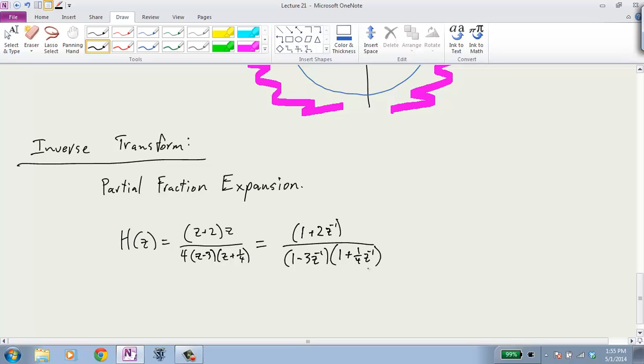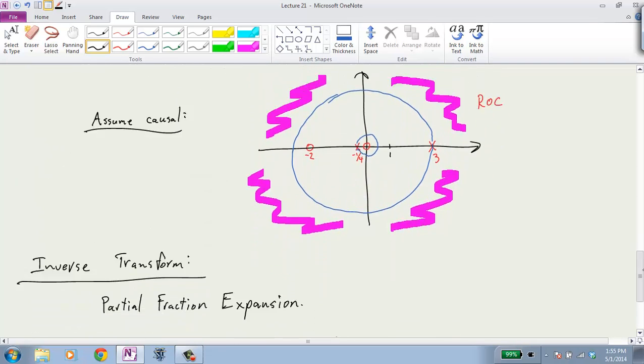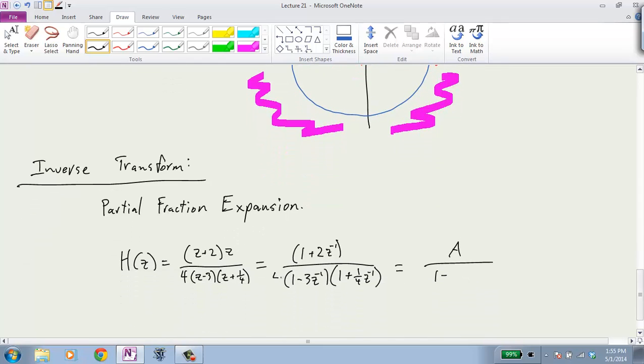I want to write this as something over 1 minus, did I get all the terms here? No, I need a 4 here. Okay, so I want to write it as A over 1 minus 3z inverse plus B over 1 plus 1/4 z inverse.